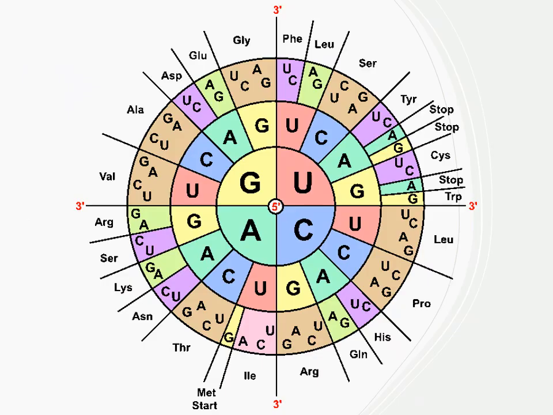This is the codon table, and it tells us which amino acid is specified by each codon. Let's work with an example codon of AUG. Now, just to be clear, we're reading these codons in the 5' to 3' direction in the order they were synthesized. This table is sometimes formatted in a circle like this, and sometimes in a more conventional square or rectangular table, but the information is always the same. With a circular one like this, we're going to start in the middle and work outwards.